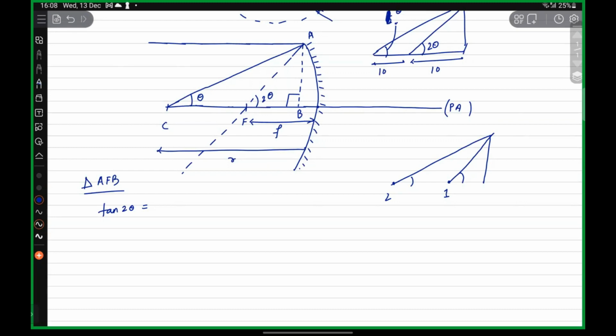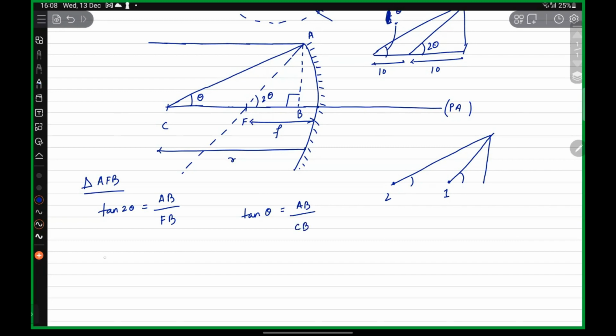What is perpendicular? Yeah, it is AB. What is your base? Base will be FB. This is your 2 theta. Now let's do it for tan theta. Tan theta will be equal to, again, AB divided by CB. Yes or no? Yeah, true.